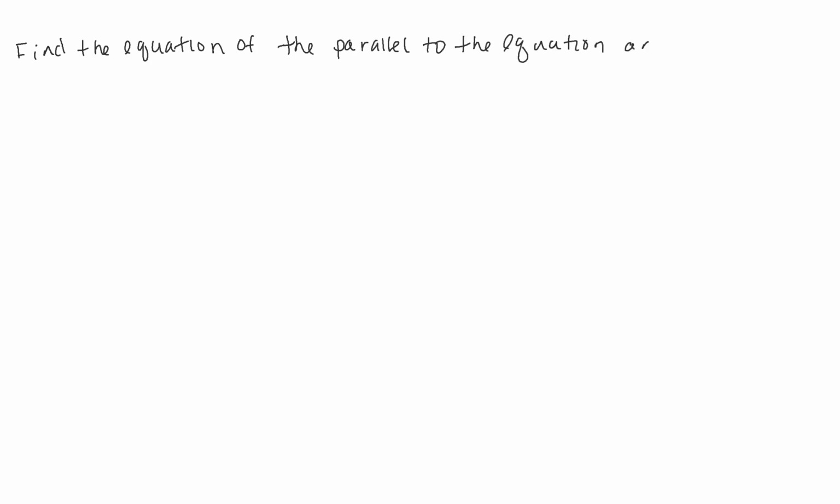Okay, so next up, I want to look at finding equations. Let me go back to black ink. So we're going to find the equation of the line parallel to the equation given and that goes through a given point.